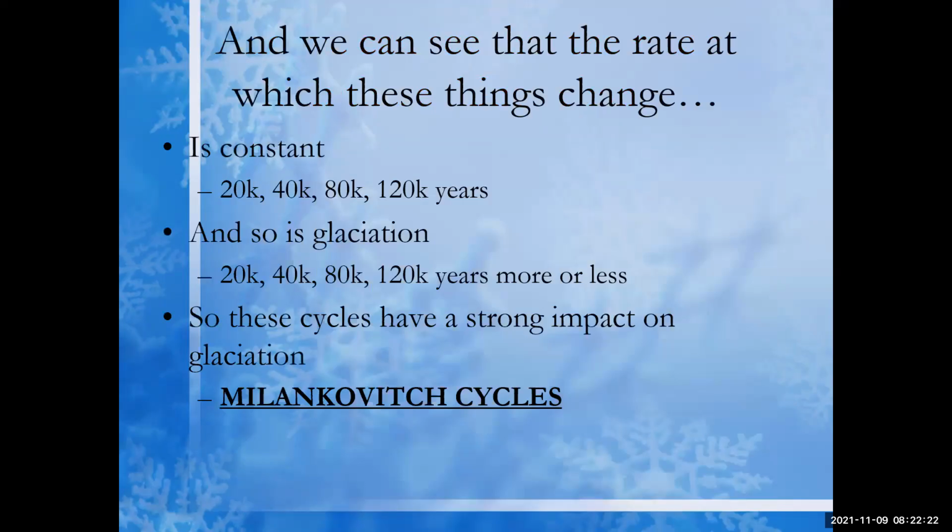That is, we can see the rate at which Earth's orbit becomes more elliptical and more circular, the rate at which its tilt varies, the rate at which that precession changes. And we can see that the rates of each of those things are different from each other, but the rates for each one are relatively constant. And really interestingly, so are our rates of glaciation and deglaciation.